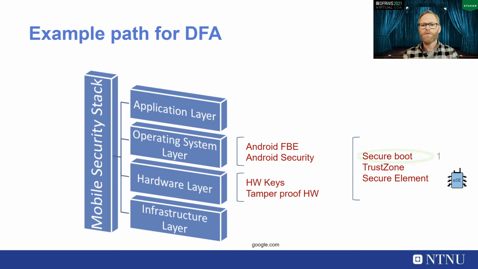And we figured out one such example path for doing digital forensic acquisition of the device is divided into two phases. It's first breaking the rich execution environment, which is where most of the code, Android operating system and apps live in an Android device. And then we needed to break a secure element chip, which was introduced recently on these phones, because this secure element chip protects the encryption layer and the sensitive key material that protects the file-based encryption for sensitive user data.